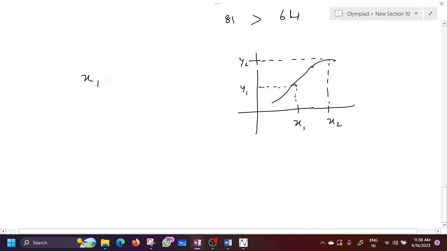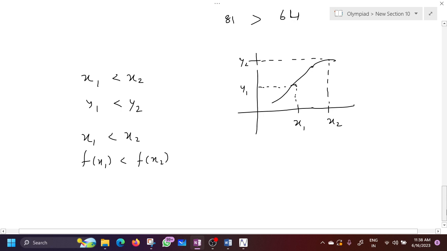I should write x1 is smaller than x2, then y1 is smaller than y2. It means that if x1 is smaller than x2, then f(x1) is smaller than f(x2).